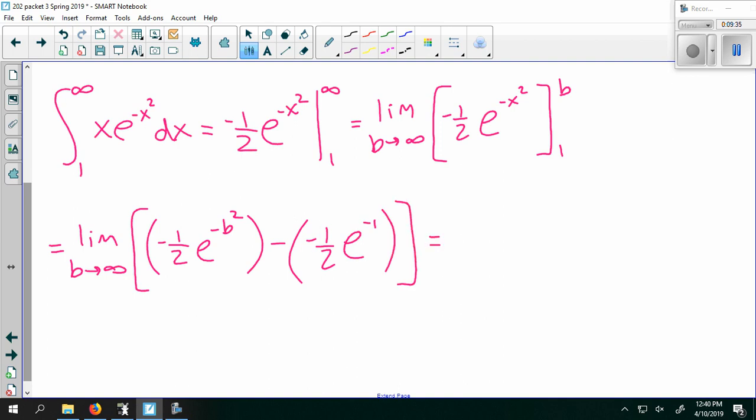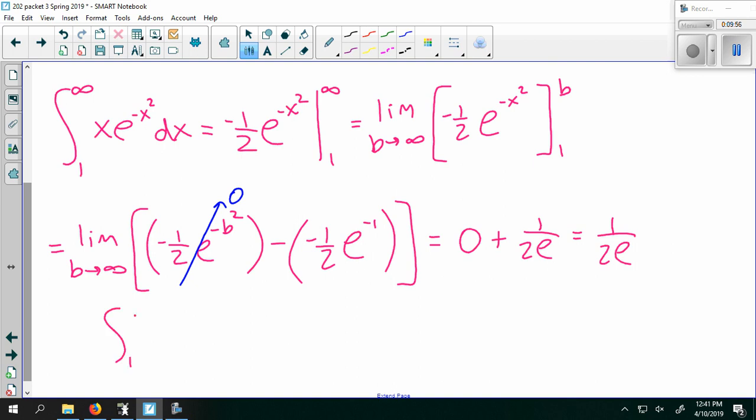And when I let b go to infinity, this first term goes to 0. And I'm left with 0 minus a negative, so plus 1 over 2e. So 1 over 2e is the value of the integral, which means the integral converges.